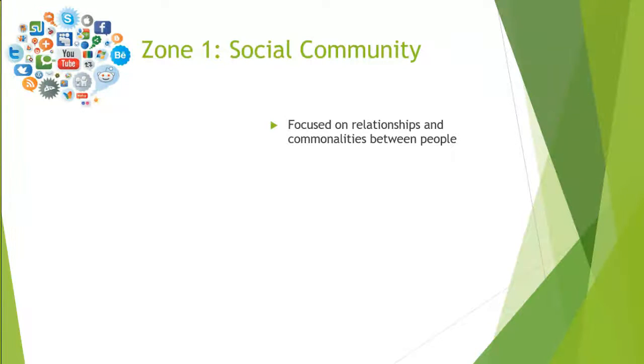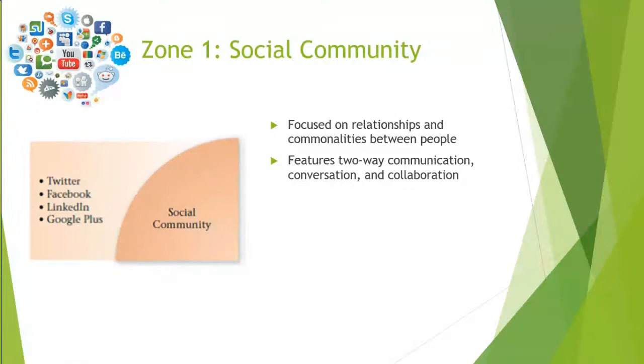The social community zone describes platforms that are based on relationships and commonalities between people. They feature two-way communication, conversation, and collaboration. Most of the social networking platforms that you use today will fall into this category. So we're talking Twitter, Facebook, LinkedIn, Google+. Those are the big 4.